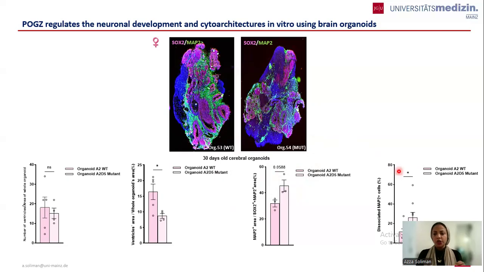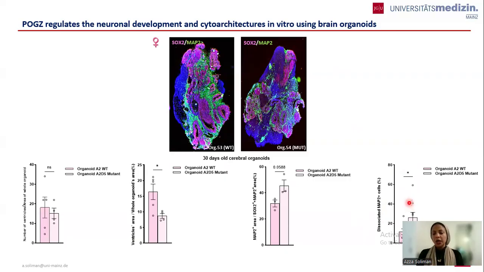We use a dissociation kit, and in that case, we dissociate the whole organoids into a suspension of single cells, and then we plate those cells for 2 days, and then we stain for MAP2, which is a marker for mature neurons, and we count how many MAP2 positive cells there are.